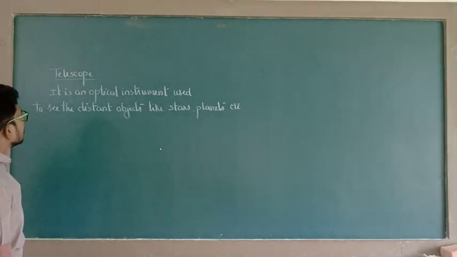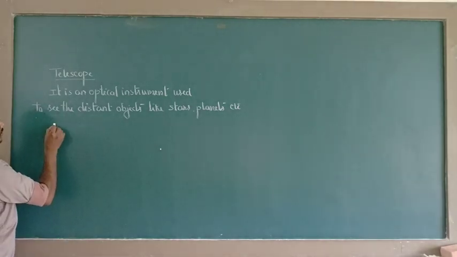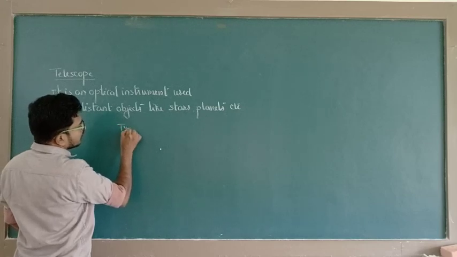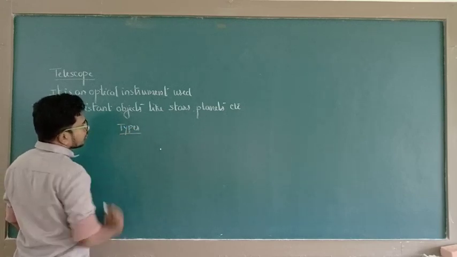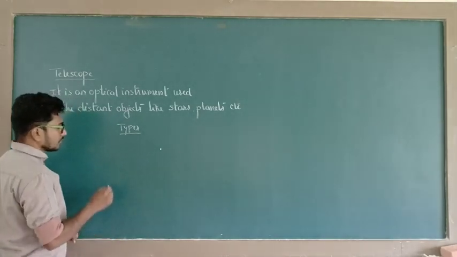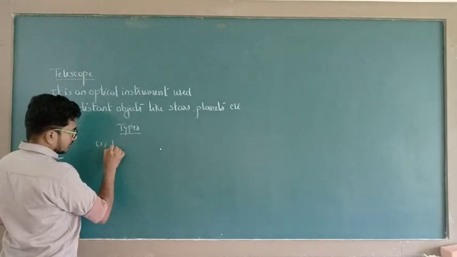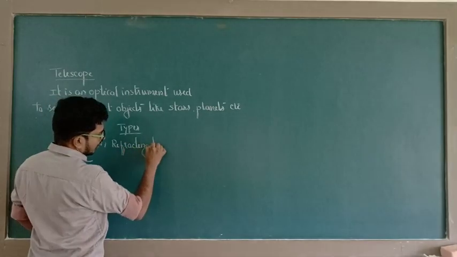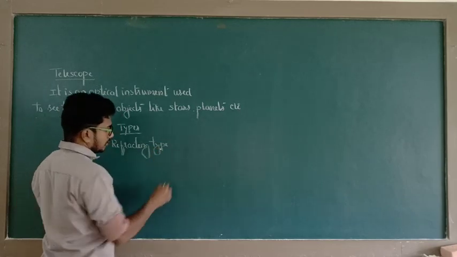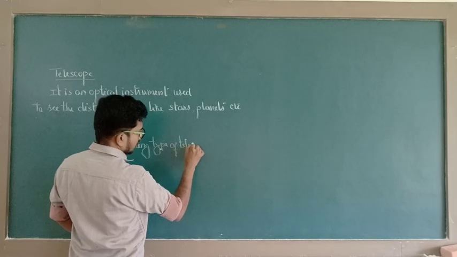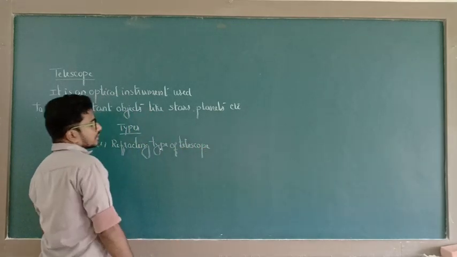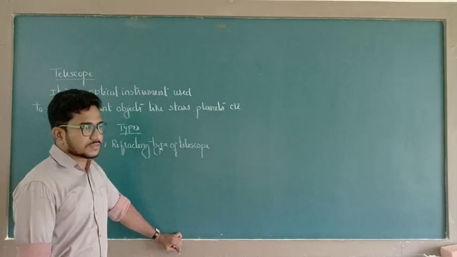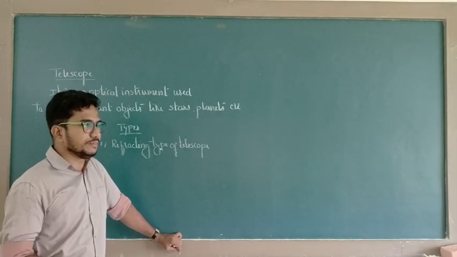There are two types of telescope. The first one is the refracting type of telescope. In a refracting type of telescope, we are going to use converging lenses, the objective lens and the eyepiece.